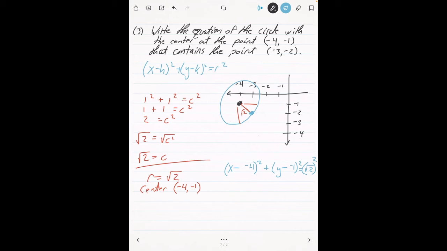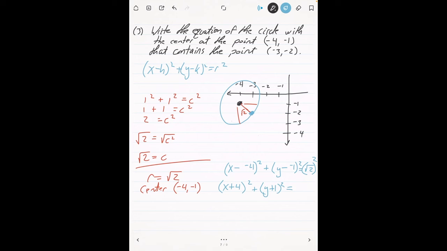So I'm very careful with parentheses here and how I substitute all of the information in. X minus -4, I can just rewrite that to x plus 4, can't I? Because of the double negatives. So I have x plus 4 squared for the equation. And then the same thing for the y minus -1. I could just say y plus 1, and I could square that for the equation.